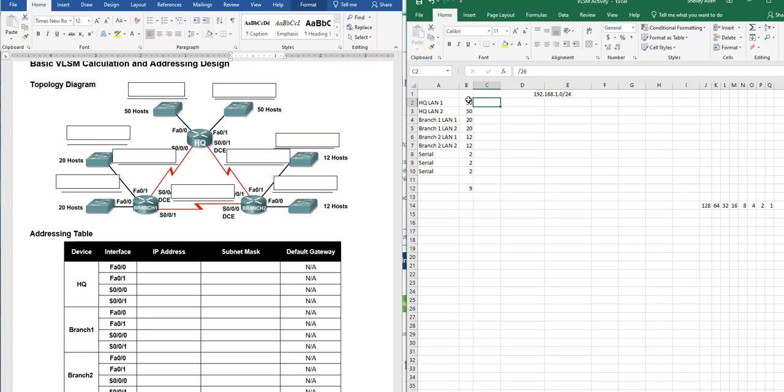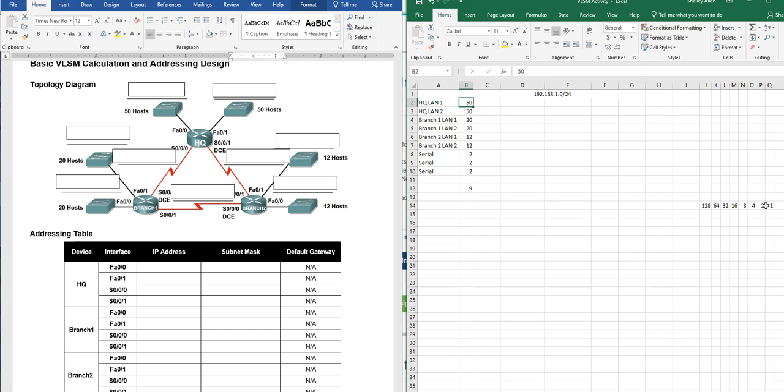So largest to smallest is what we have. Now, when you're looking at this and trying to accommodate, for example, the 50, so you need 50 hosts. When you are borrowing numbers according to your subnetting rules, you're going to borrow left to right.